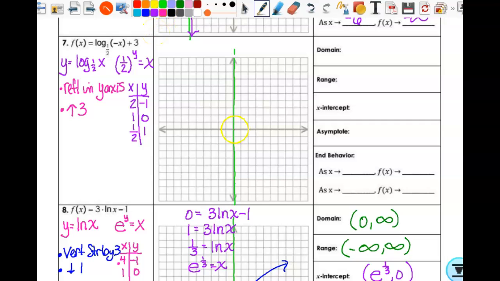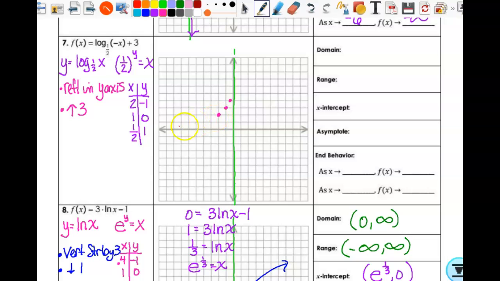My anchor points, I'm going to start with 2, -1. I reflect in the y-axis, so I end up over here. Then I go up 1, 2, 3. Then I go to 1, 0, reflect in the y-axis, go up 1, 2, 3. Then I go to 1/2, 1, reflect in the y-axis, go up 1, 2, 3.